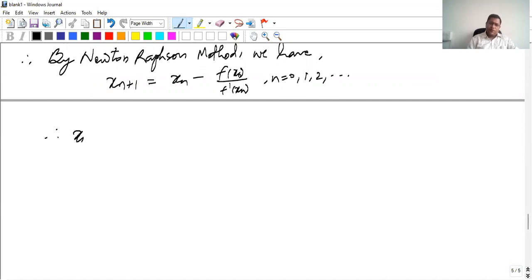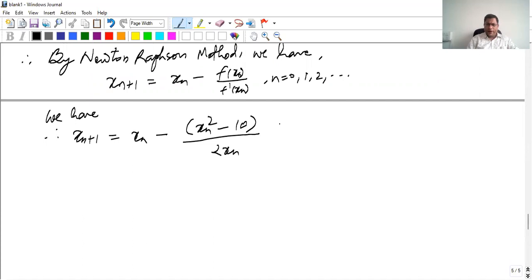Here x(n+1) is equal to xn minus (xn square minus 10) upon 2xn.